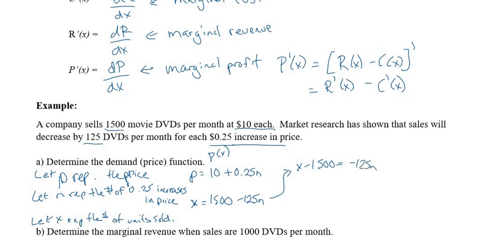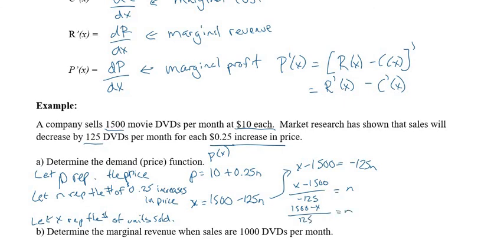Or we divide out the negative 125 and we get X minus 1,500 over negative 125 is equal to N. Or we can flip all the signs, and up top we get 1,500 minus X over 125 is equal to N.